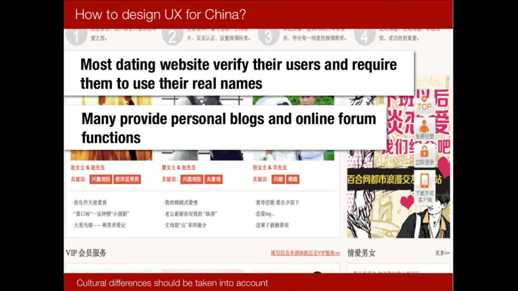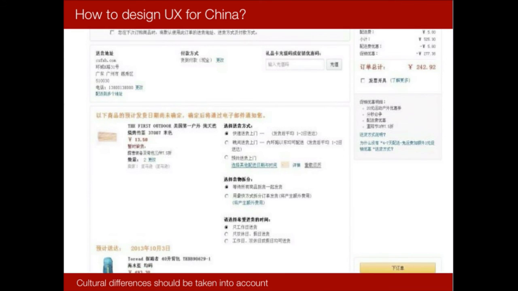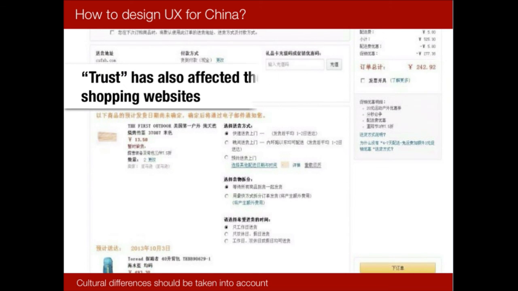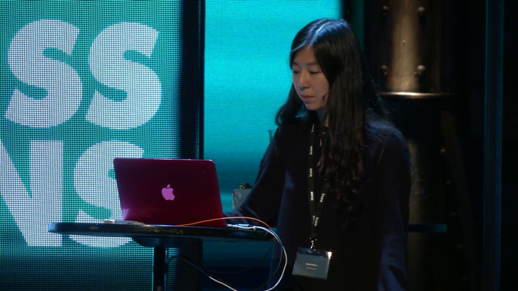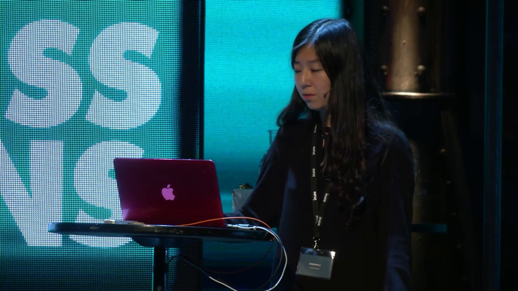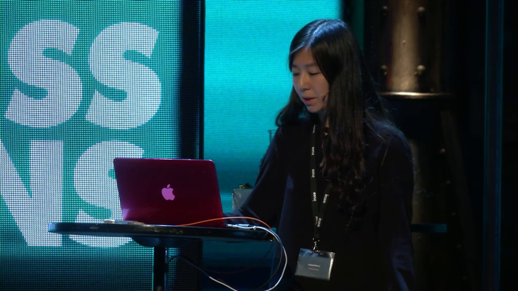So they know each other a lot before they eventually meet offline. And this trust issue also affected the design of online shopping. For example, Amazon China provides an option to pay for the goods when they're being delivered, rather than when they're being ordered. And this option is not available for their users in the West.